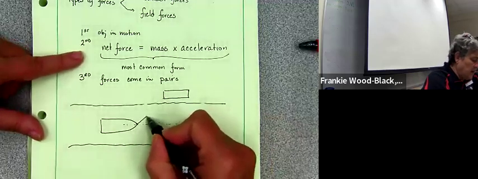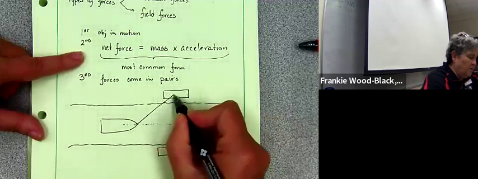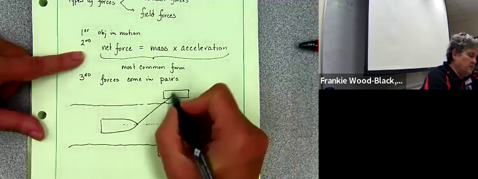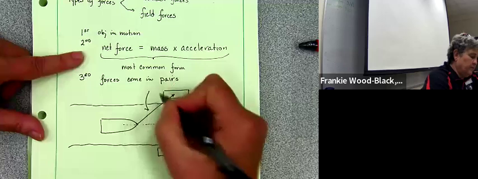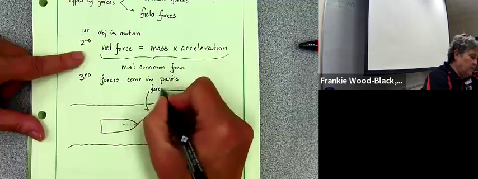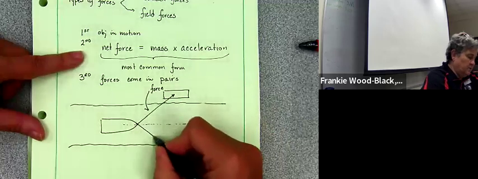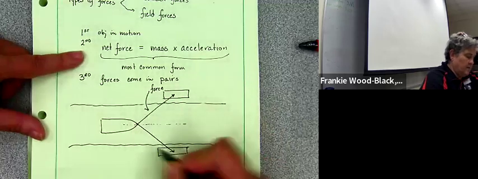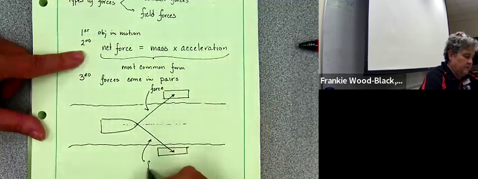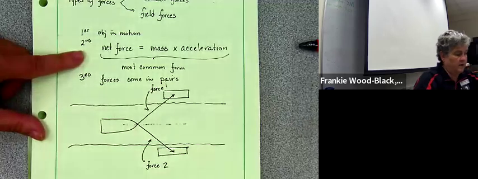And we would have a tie rope to our mule, and this is applying a force. So we've got a force here. This mule is applying a force. And we've got this force here. So this is force 2, and that's force 1.